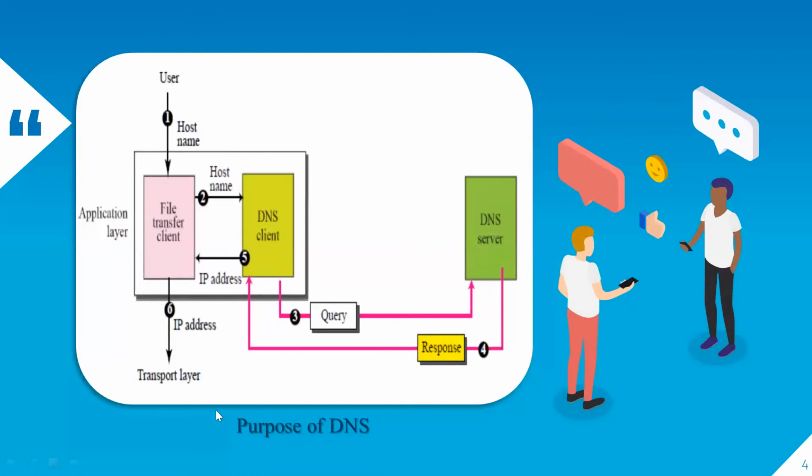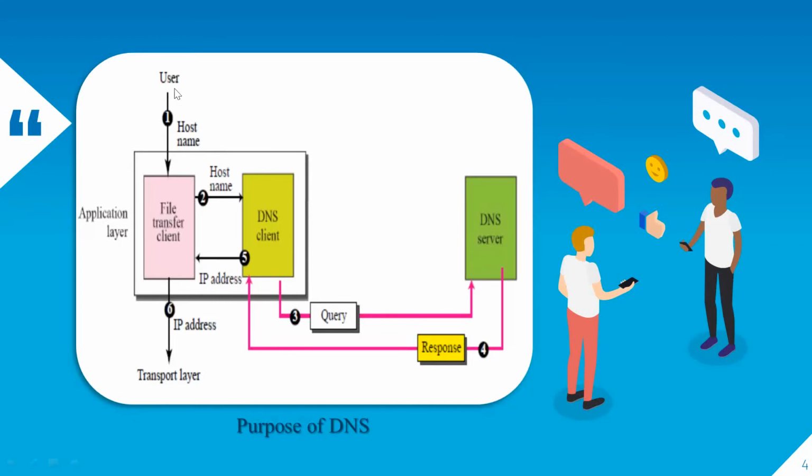In this figure, we see how the TCP/IP protocol suite uses a DNS client and DNS server to map a name to an IP address. Take for example a user who wants to use a file transfer client to access a file transfer server running on a remote host, for instance by searching for a website address such as google.com.